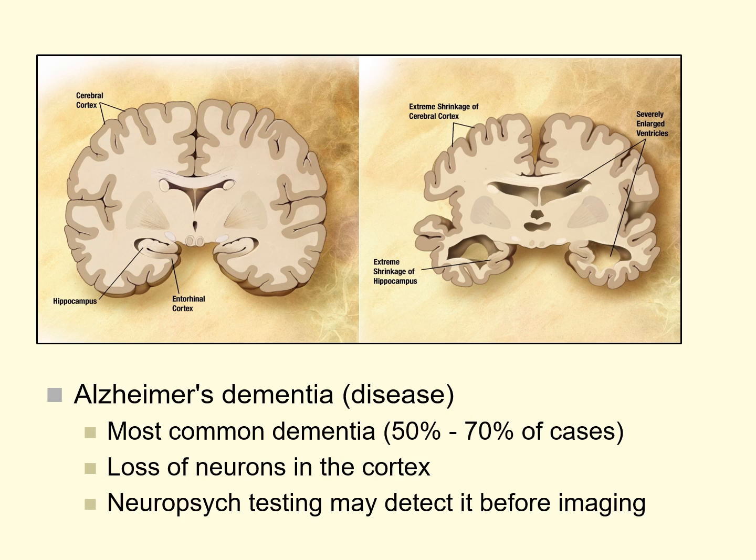In extreme cases, this loss can be seen with imaging, but testing can sometimes identify dementia long before the damage is severe enough to be visible on imaging. Certainly in very severe cases after the person has died, if we conduct an autopsy of the brain, we can see evidence of shrinking in different parts of the brain because of the loss of neurons.